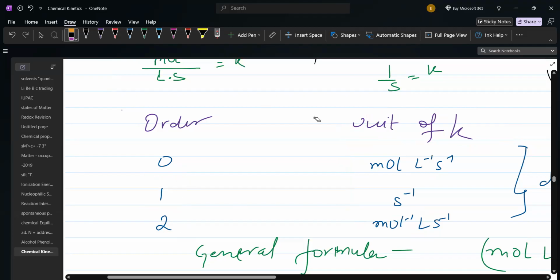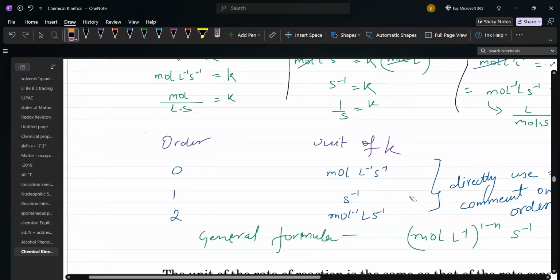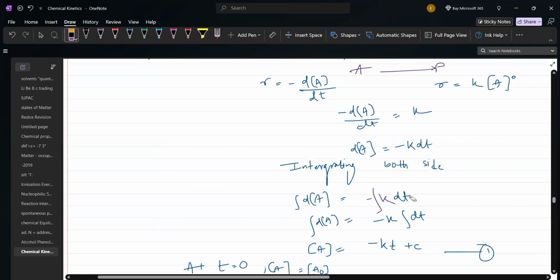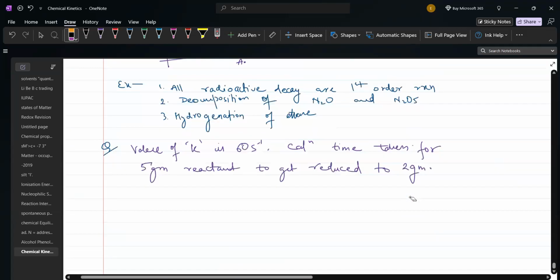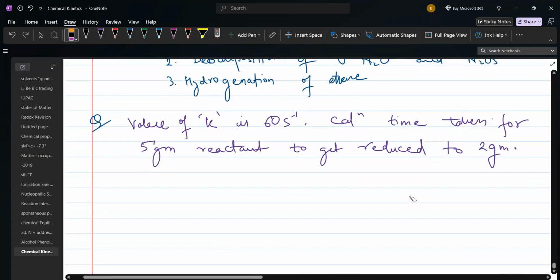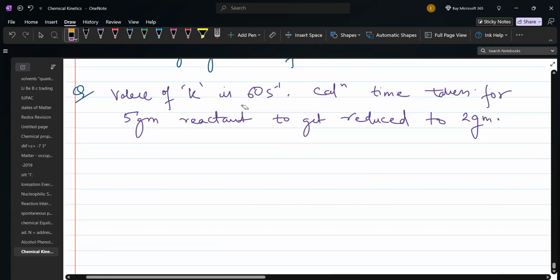The order of reaction is 1, because the unit of K was given as per second. The question could be solved as a zero order reaction also, but you have to solve it as a first order reaction because the unit of K is given as per second.